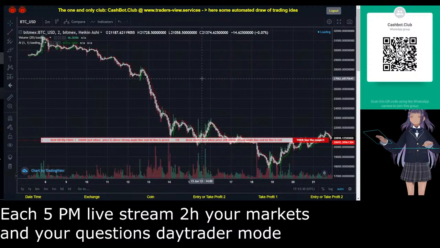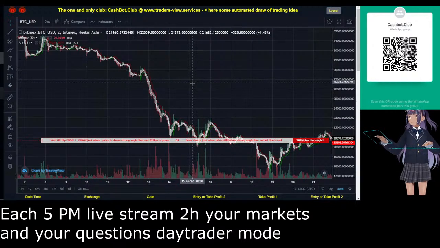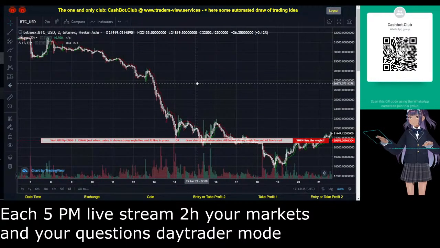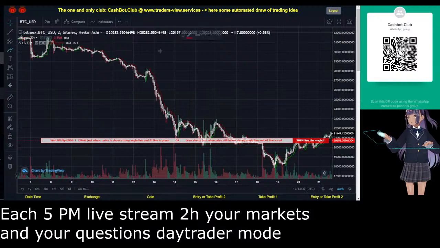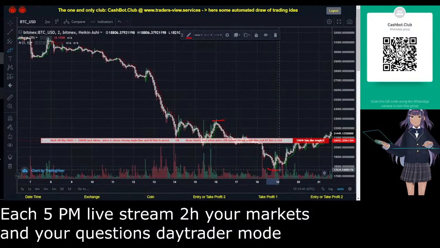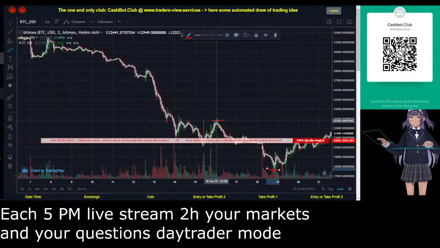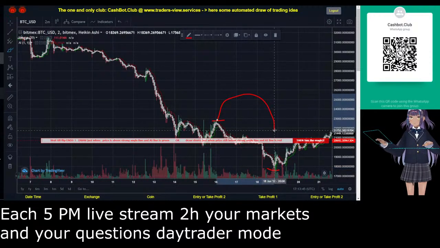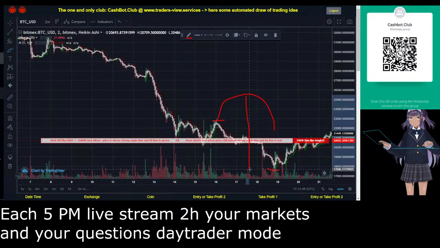A CUC is a candle whose only task is to check the support lines of one channel. So here is one CUC. Here we have the half.